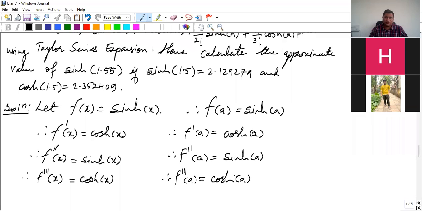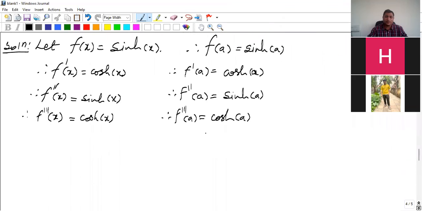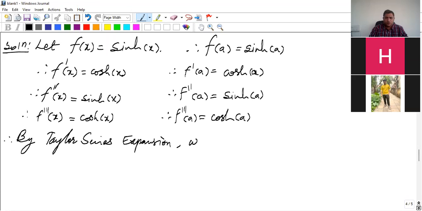So we write the Taylor series expansion. Always write the formula.